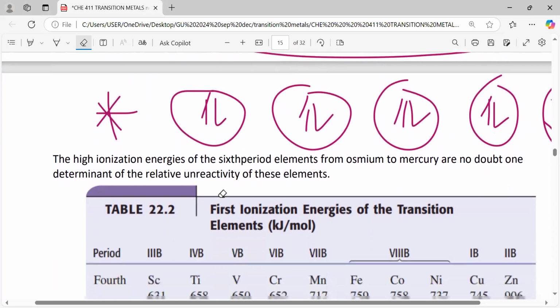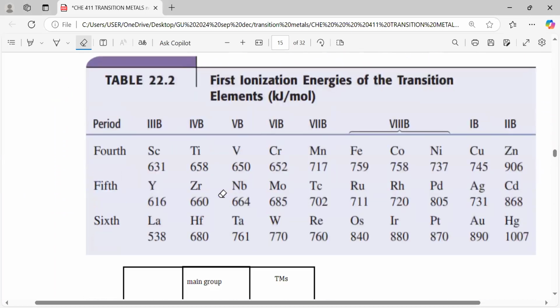And period 6 elements are so unreactive because they have very, very high ionization energies.